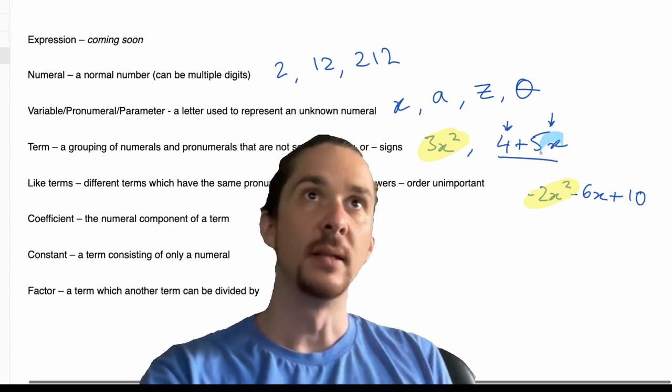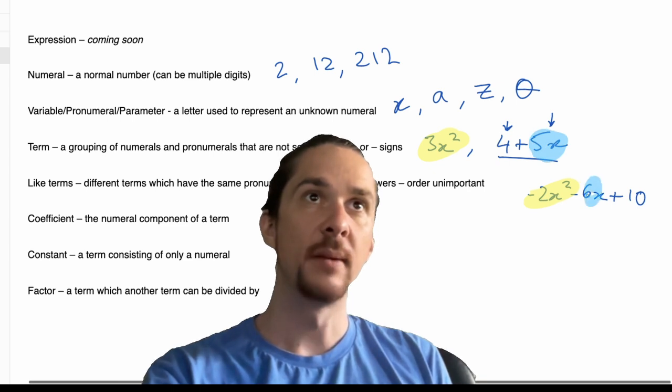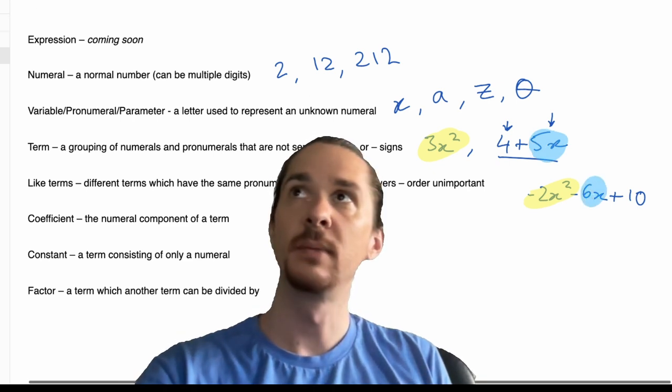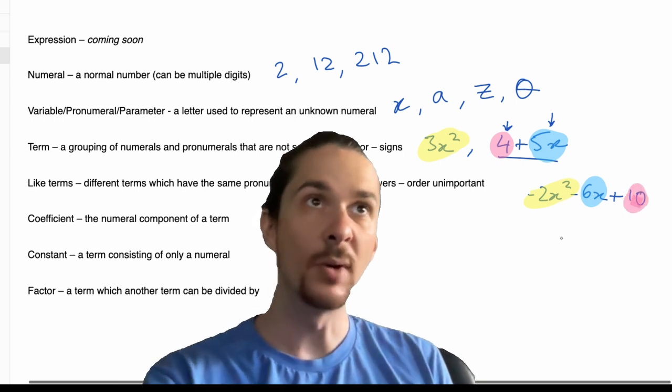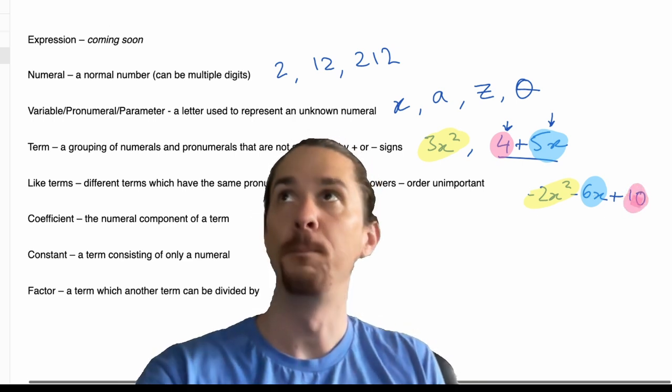And this is like terms with that because they both have an x in them. And then this is like terms with that because they don't have any pronumerals in them.